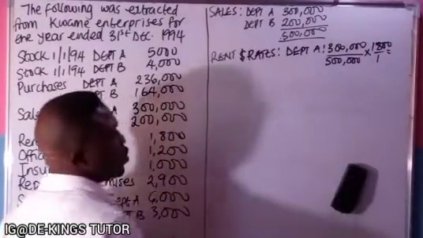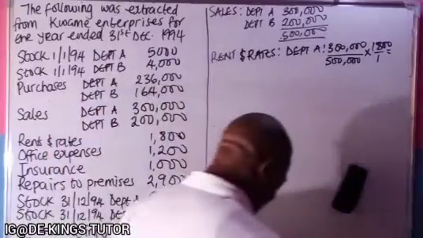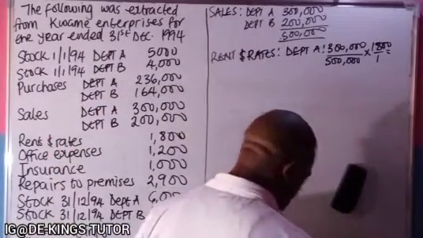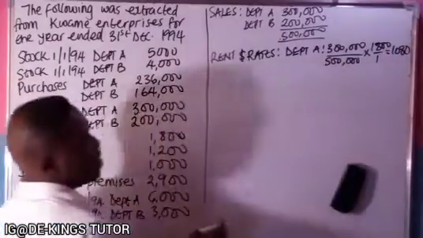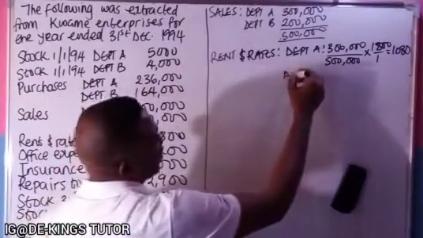Once you do that, 300,000 divided by 500,000 times 1,800, using my calculator, it will give me 1,080. That's Department A.